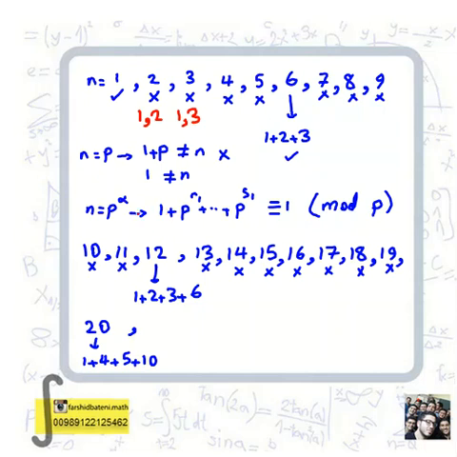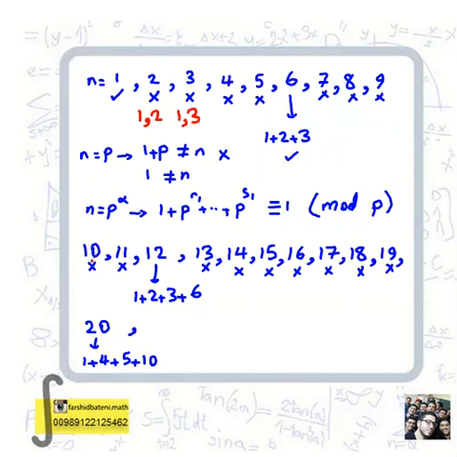If you write divisors including 1, for example 1 plus p to the r1 plus p to the s1, and consider the remainder when divided by p, it is congruent to 1 mod p, so it cannot be equal to n. So when p is a prime number, any power of p is also bad.